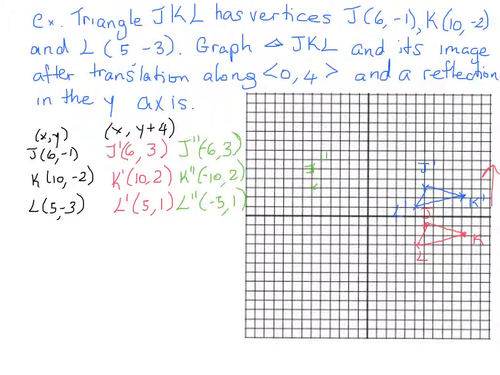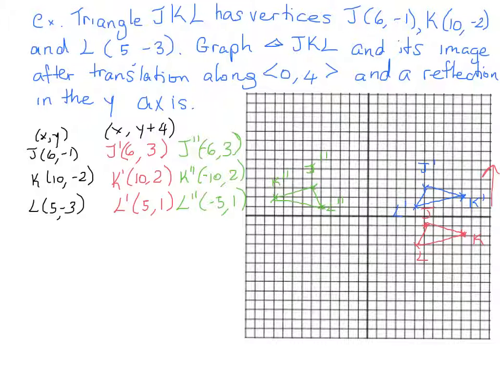All right, K double prime is -10, 2. So that's all the way over here. And L double prime is -5, 1. So right here. So our reflection of the translation looks like this.